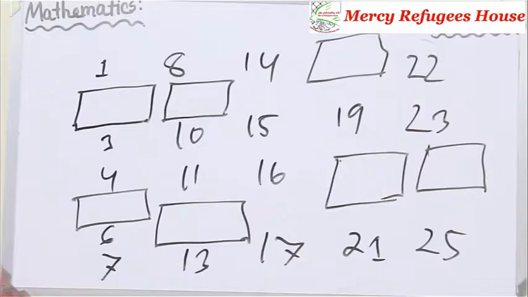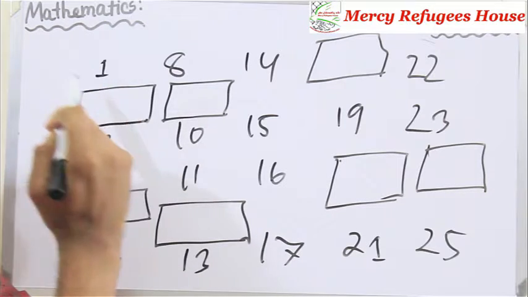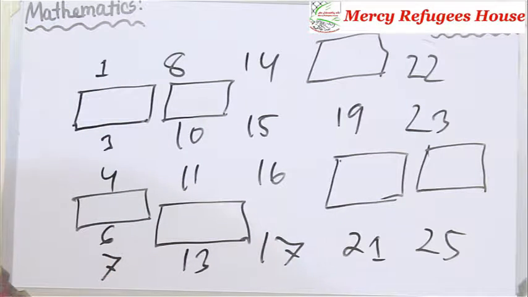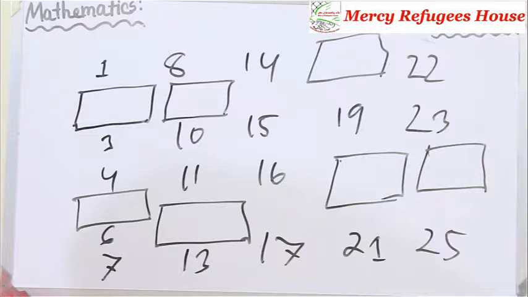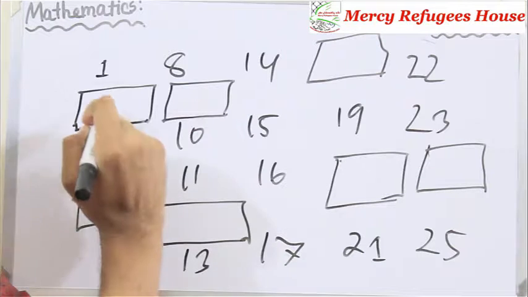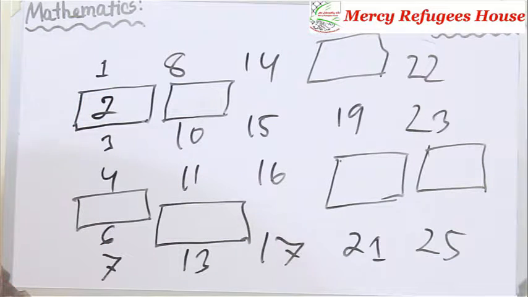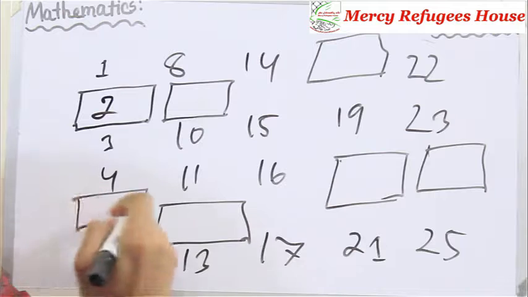See, there are some tables where you can see the numbers are given, and there are some boxes that are empty, where you are supposed to ask the student to fill in the table using the appropriate number. That means after 1, what comes after 1? It should be 2, right? And then what comes after 4?